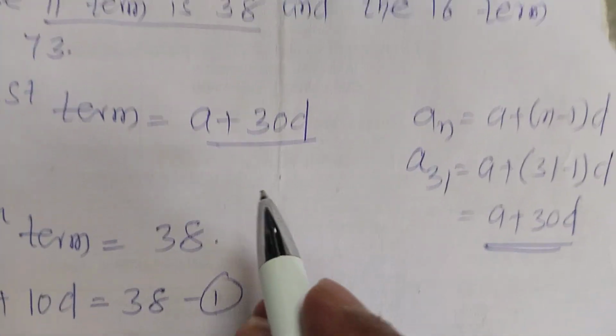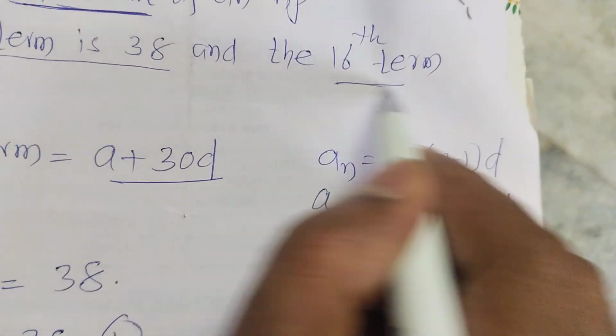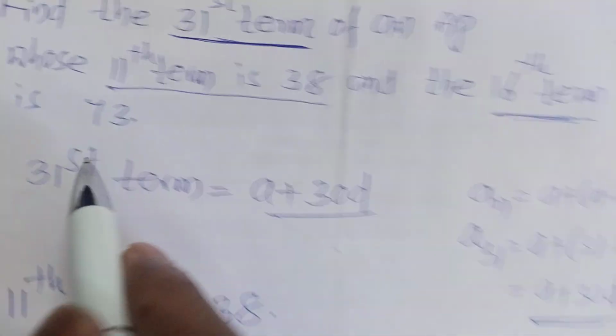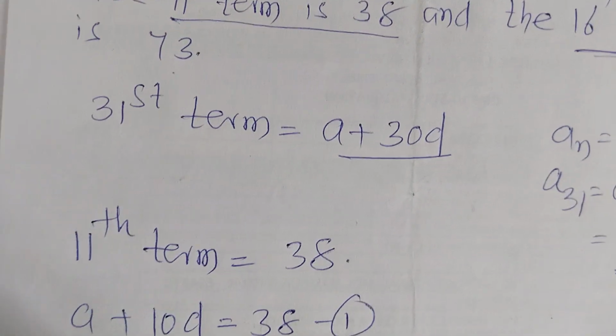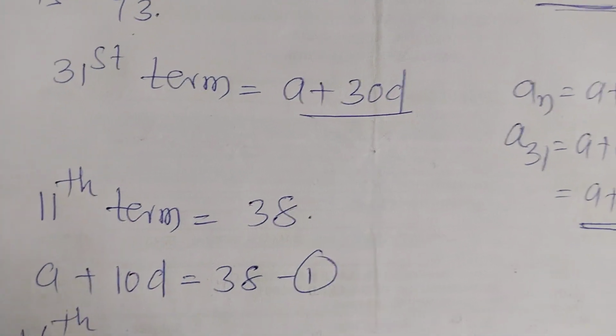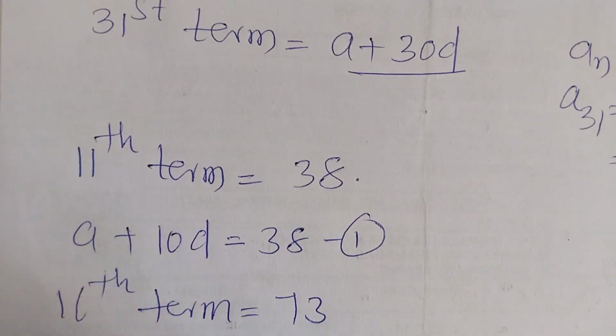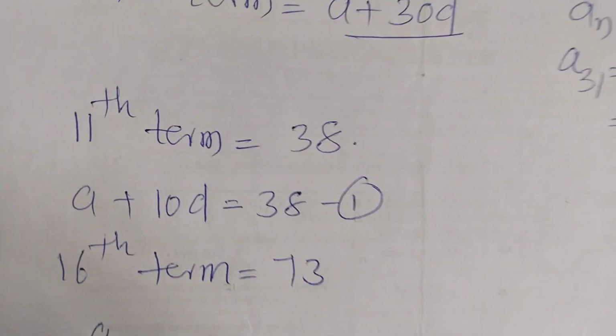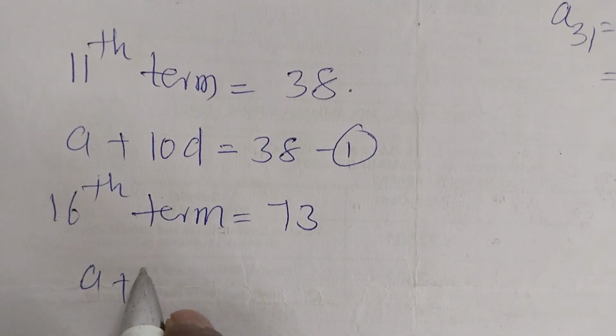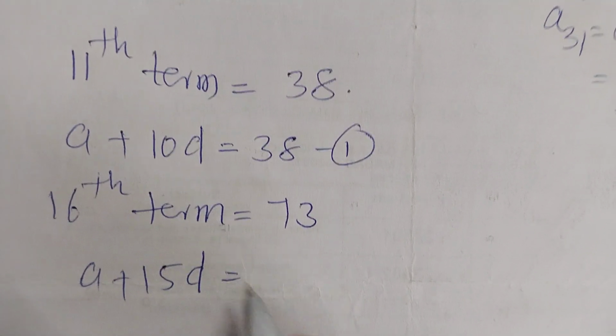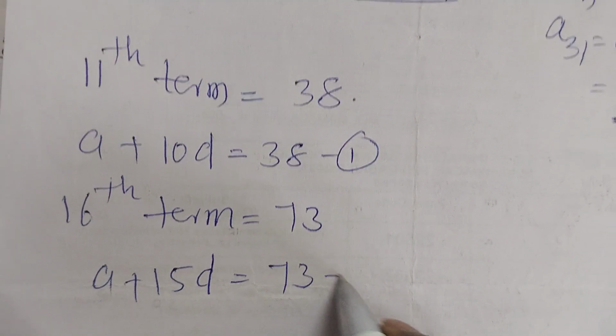And one more term we have, the 16th term is 73. That means A plus 15D is equal to 73, equation number 2.